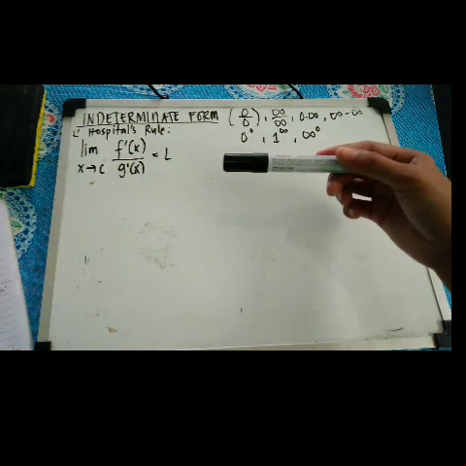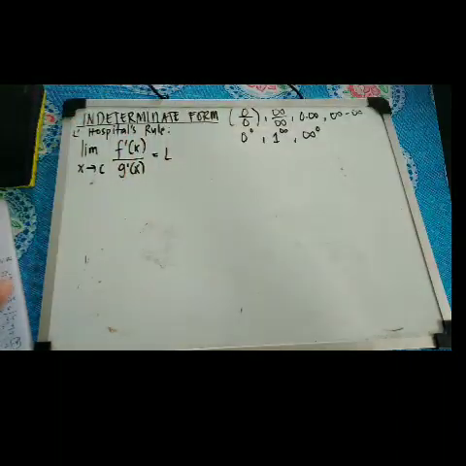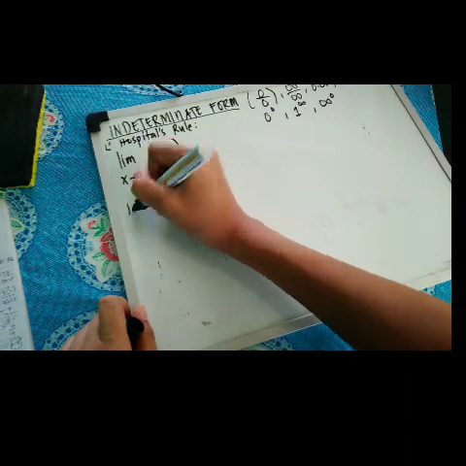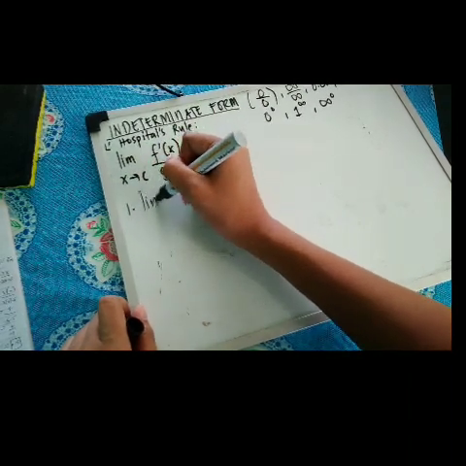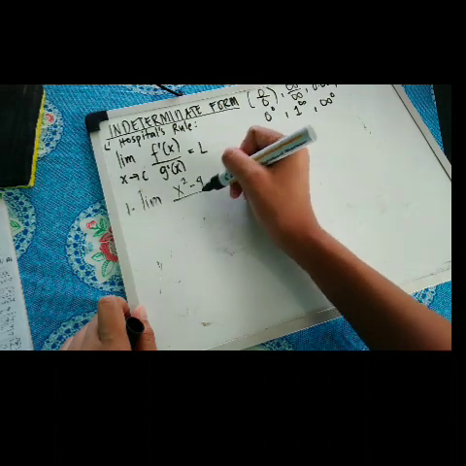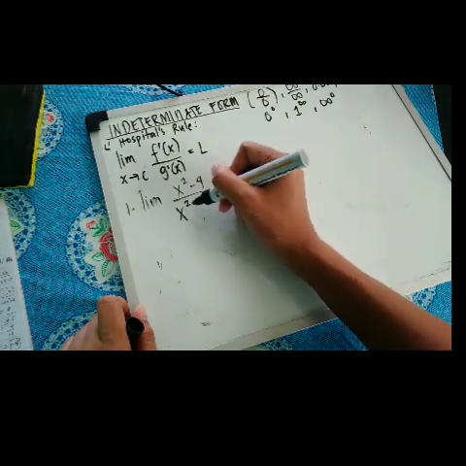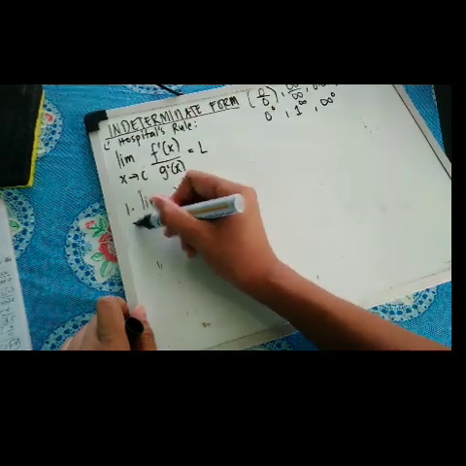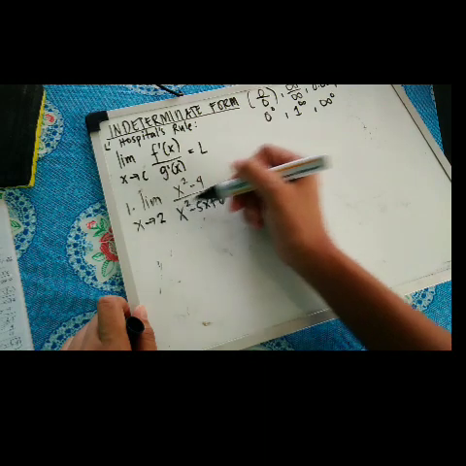So we have the limit of x squared minus 4 divided by x squared minus 5x plus 6 as x approaches positive 2.